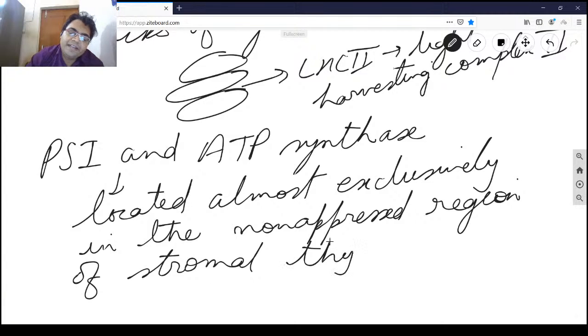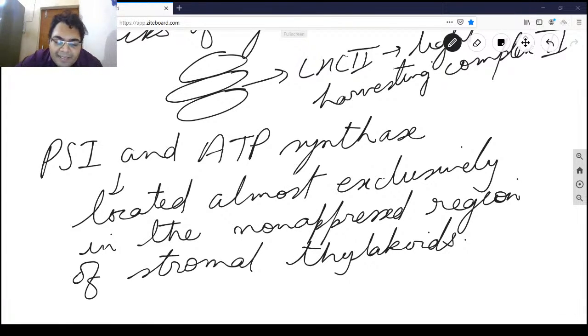To see how great, how enthralling the evolution is. Stromal thylakoids are the region where they will have access to the contents of the stroma, including ADP and NADP plus.